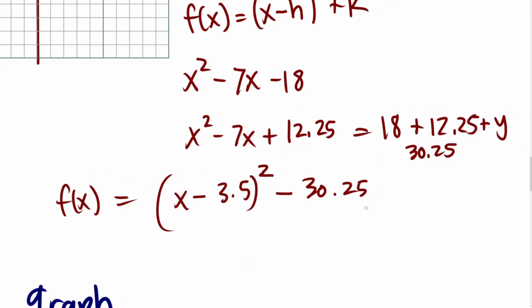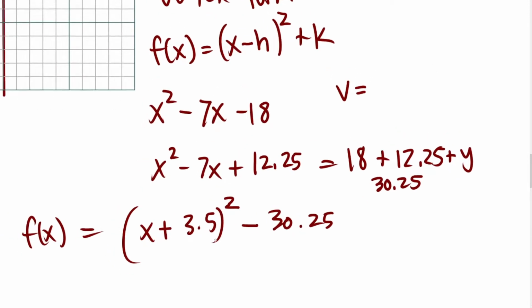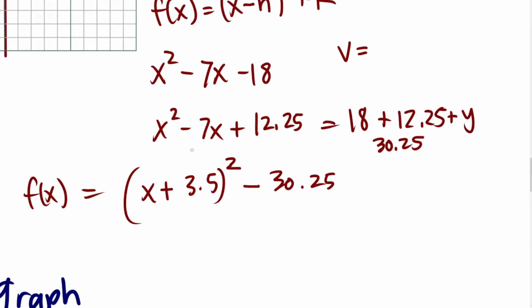And then what happens is your vertex is going to be your h and your k. So vertex is equal to, in this case it's going to be plus 3.5, because this was going to give us negative. I'll explain in a minute.